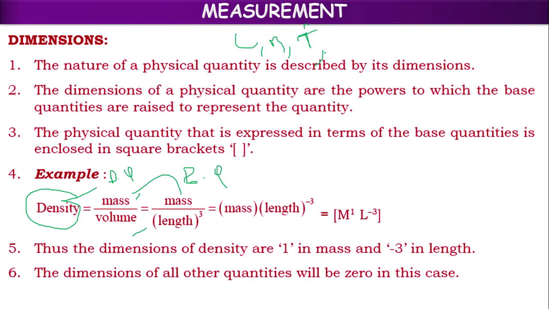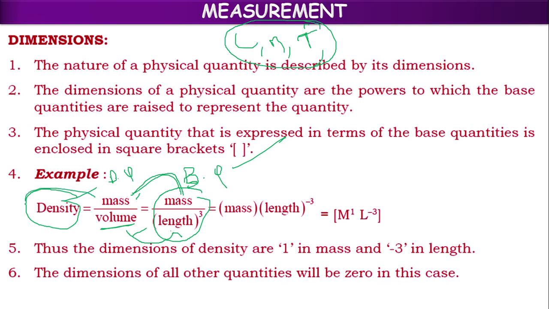Four more are there, but most of the derived quantities can be converted to these fundamental quantities. So mass is written as a base quantity, but volume is not a base quantity, so we are writing it as length cube. So these two are base quantities.